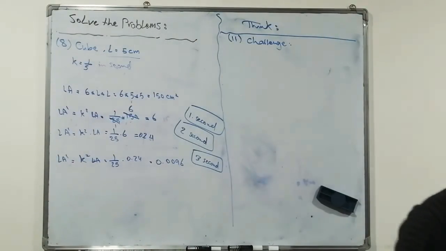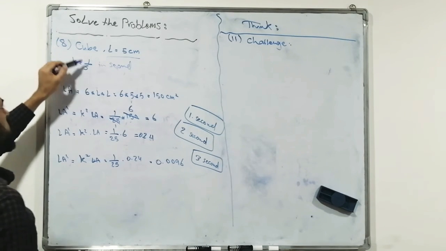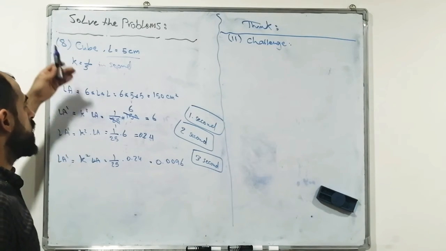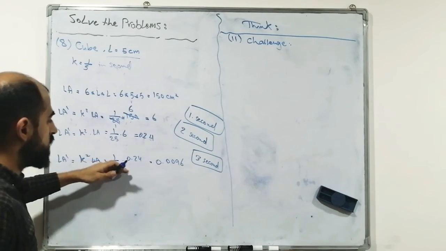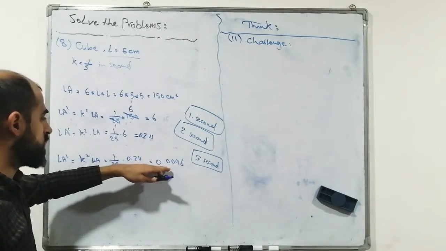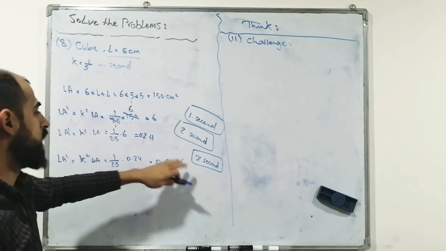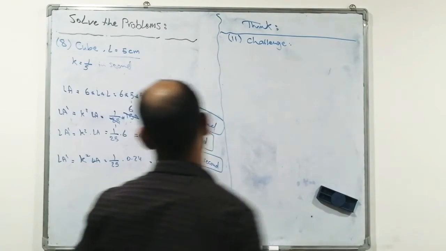Now we will see how many times we use the dilation coefficient, since the cube melts with dilation coefficient 1 over 5 in each second, until the surface area of the shape is close to zero. That number is the number of seconds needed.